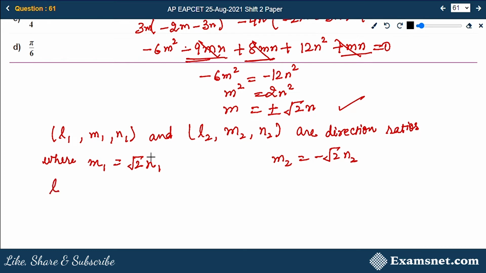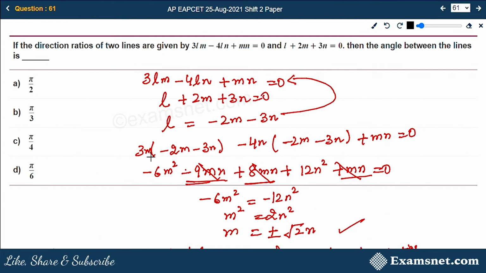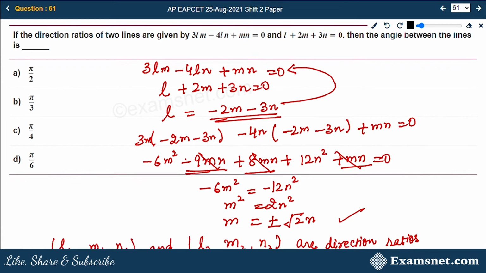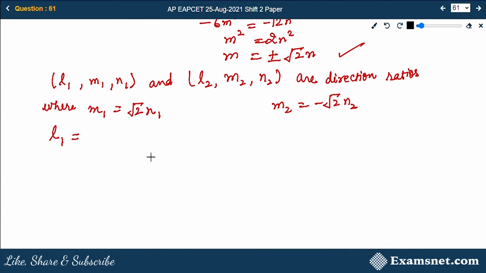Therefore, l1 in this case, I will fill in the values over here. So, l1 will be minus of 2 into under root 2 n1 minus 3n1. This will give me minus 2 under root 2 plus 3 n1.